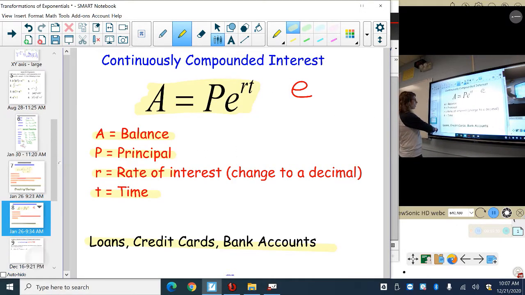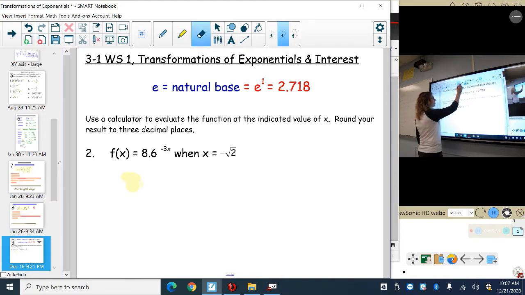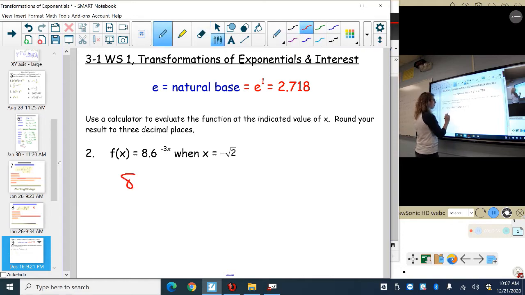Now, tonight's homework is going to be 3-1 worksheet 1. So let's go ahead and start that. We're going to use a calculator to evaluate the function at the indicated value of x. So number 2, all you are going to do here is take 8.6 to the negative 3 and simply plug it in.